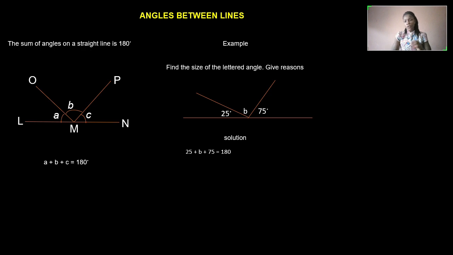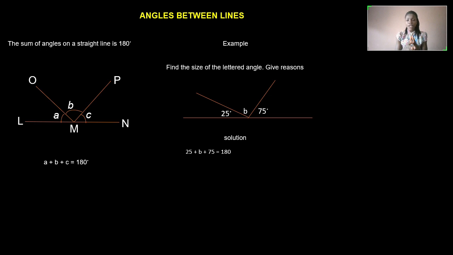So for us to find our angle B, since we already know that the sum of angles on a straight line is equals to 180, what we have to do is to sum up the angles on this line. That's angle 25, add it to angle B, and add it to angle 75, and equate it to 180.